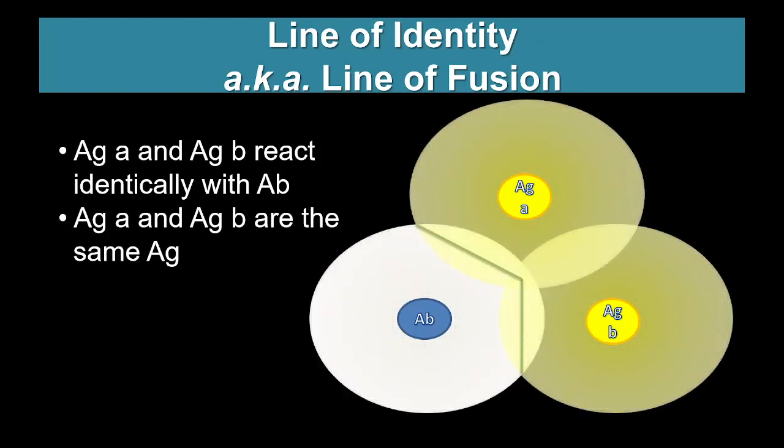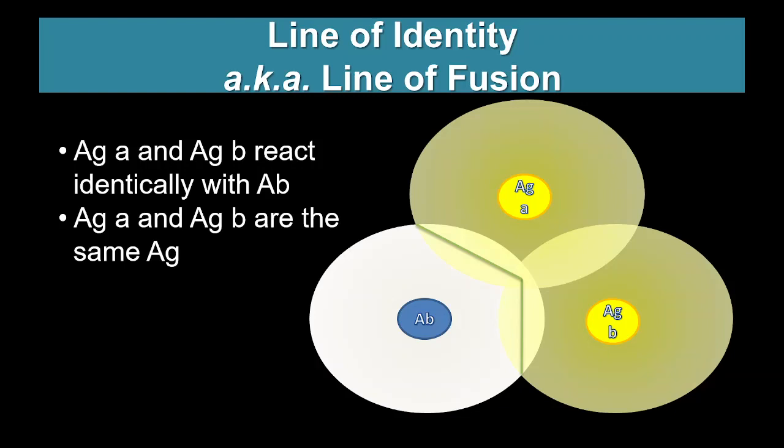After a while, there is a reaction. Here we have two precipitin bands or two precipitin lines. The upper line is formed by the reaction between antigen A and the antibody, and the lower line is formed by antigen B in reaction with the antibody.